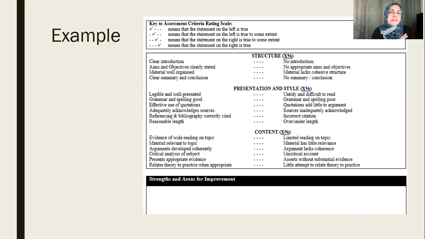We can make this assessment criteria and publicize it to the students. It makes no difference because, as we said last time, it is not a surprise. We're not taking students by surprise. We actually want them to perform very well, because if they take this criterion and build their assignment on it, it will make my life easier and it will make their learning better.